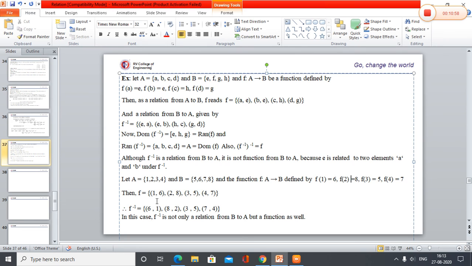This is written in terms of ordered pairs. So for f inverse I am going to reverse them. Now is it a function also? See here, 6 has image 1, 8 has 2, 5 has 3, 7 has 4. So each element has a unique image. That means it's a relation as well as a function.